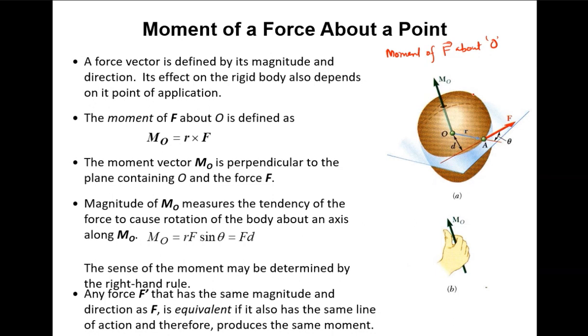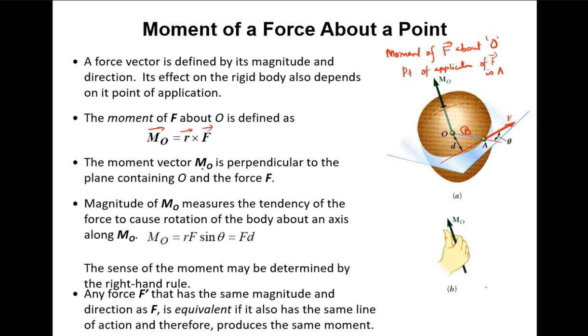Now, the point of application of F is point A. From O to A, I will join that using a vector, and I will denote that as vector R. Okay. Now the moment of F about O is defined as moment about O is equal to R cross F. Okay, R cross F.